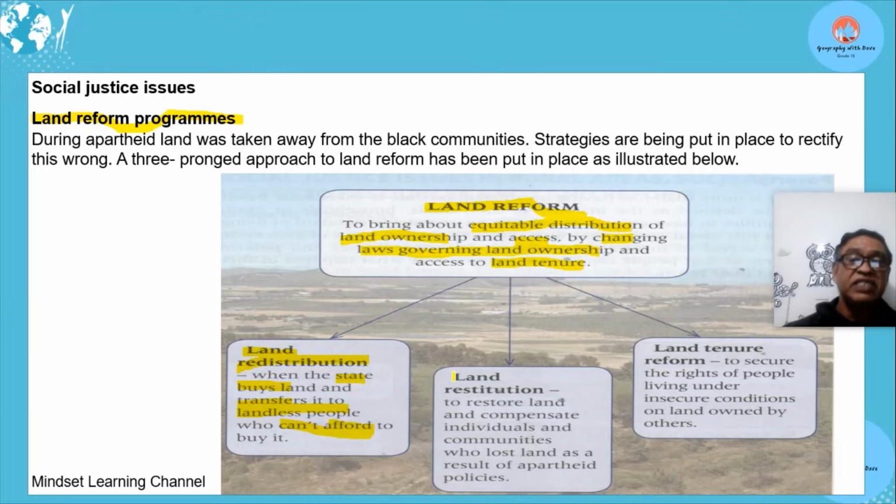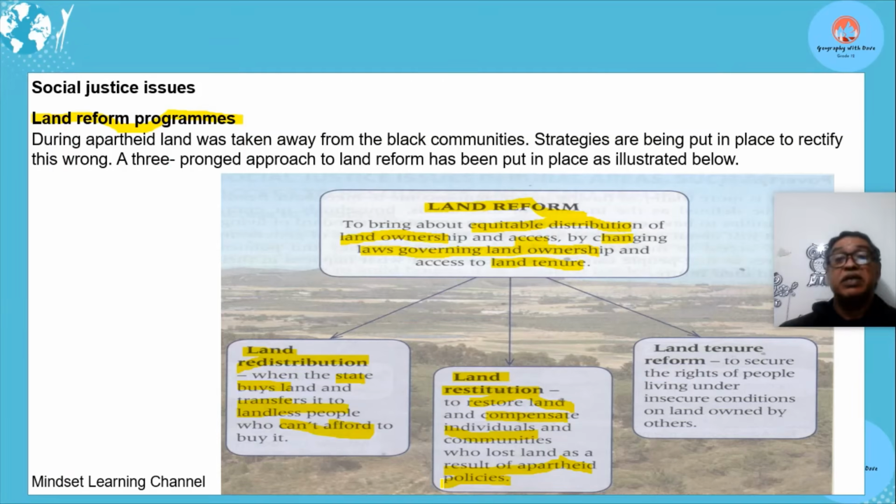Then there's land restitution. This is to restore land and compensate individuals and communities who lost the land as a result of apartheid policies. So restore the land, give it back to them.